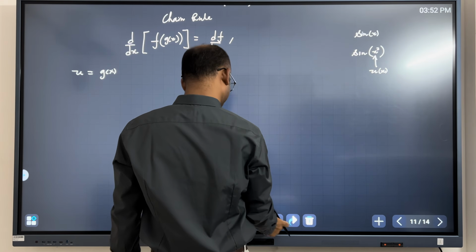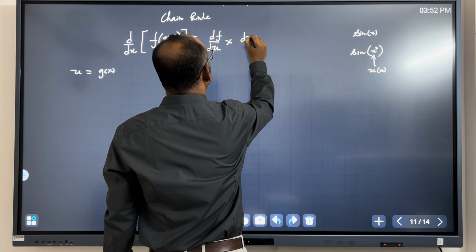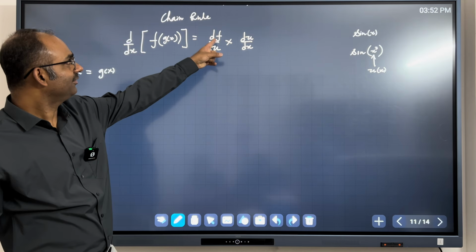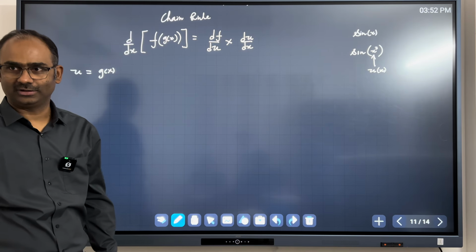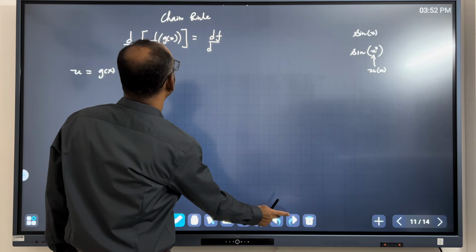What happened? Times du over dx. So df, the derivative, okay, I have changed the notation. That notation I have never introduced. So I should not do that.